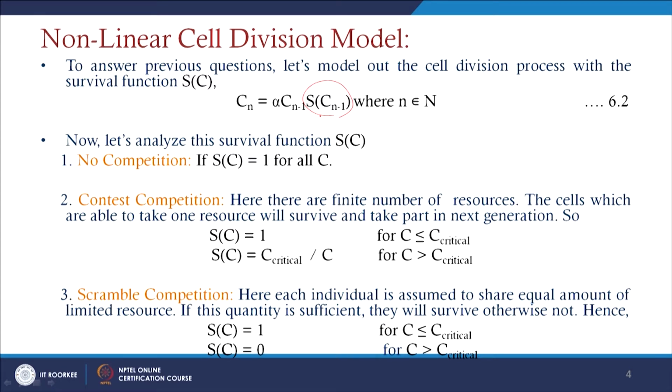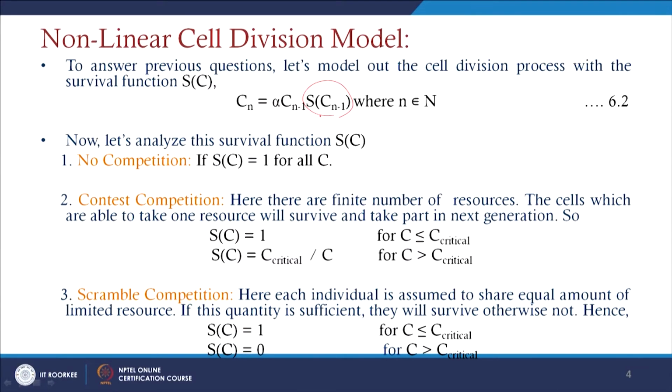Here there are a finite number of resources. Suppose we have 100 cells present, but the food resource is available for only 50 cells. Then the first 50 cells will come and take the food. Then we will have a competition for the other cells, which have to compete with these 50 cells to get the food.